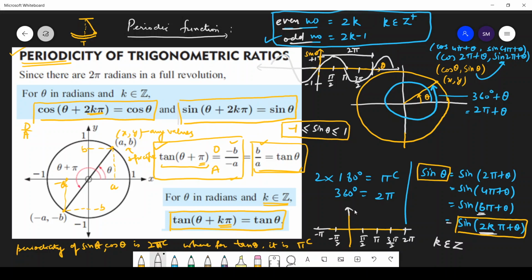Here we have values of tan theta on the y-axis, and on the x-axis we have theta. So what is the value of tan 0? Sin 0 upon cos 0, which is 0. So when theta is 0, tan is 0.